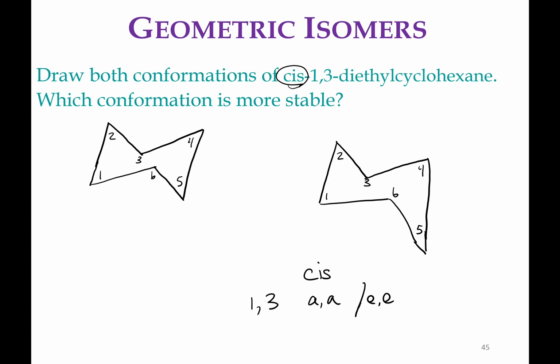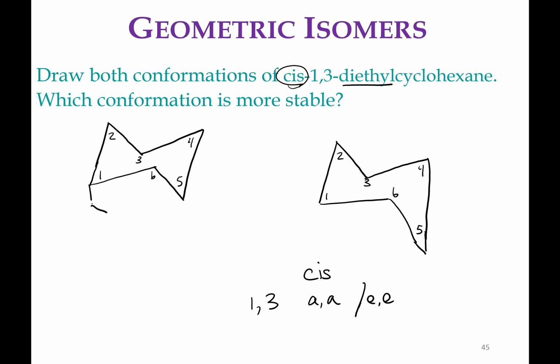So we can look at this and say cis, we're looking at diethyl. So we need to draw 2 ethyl groups, one at number 1 and one at number 3, and we can draw them in the equatorial position, or we can draw them in the axial position. So the axial position would look something like this.